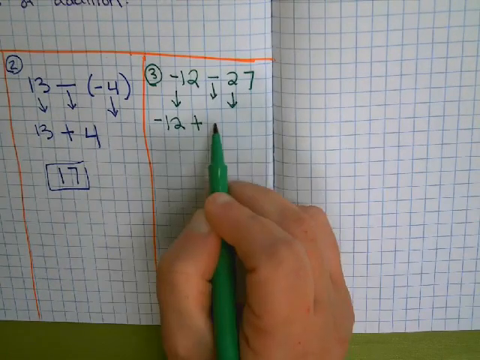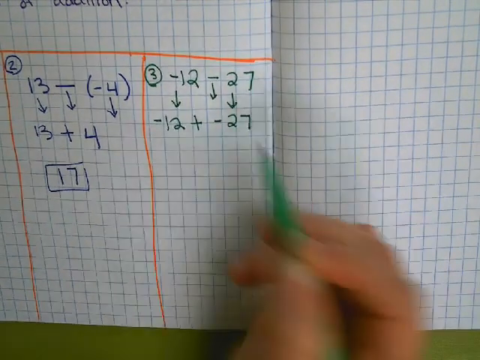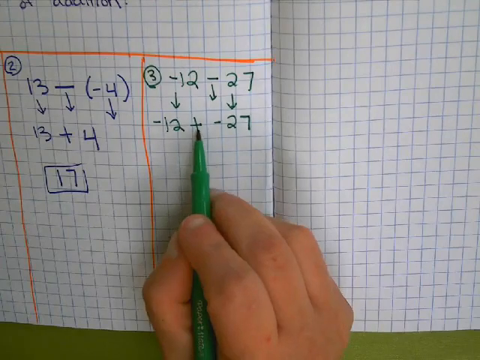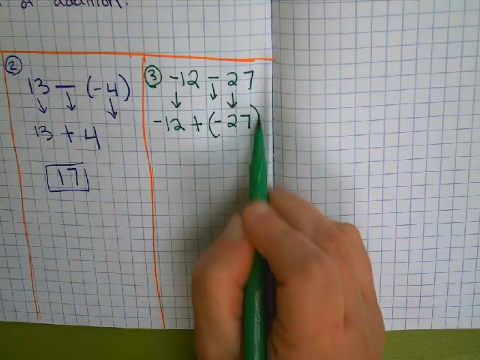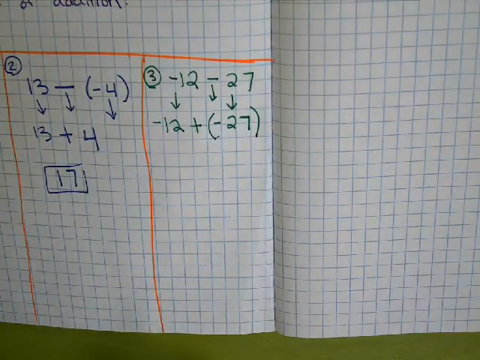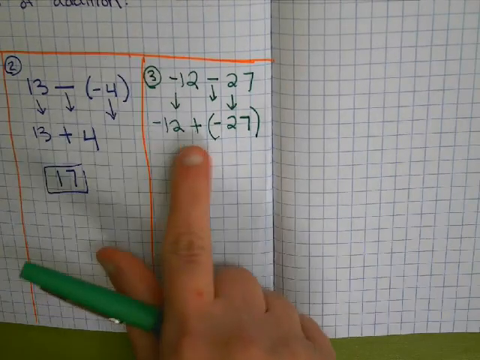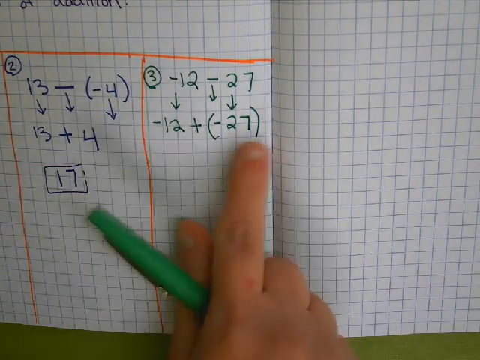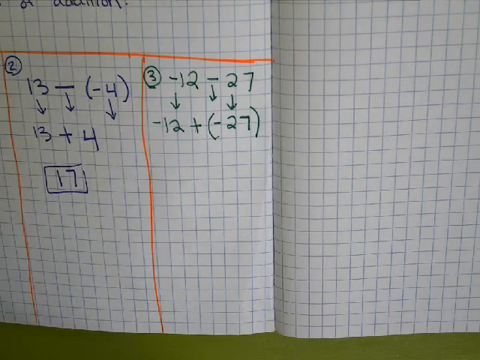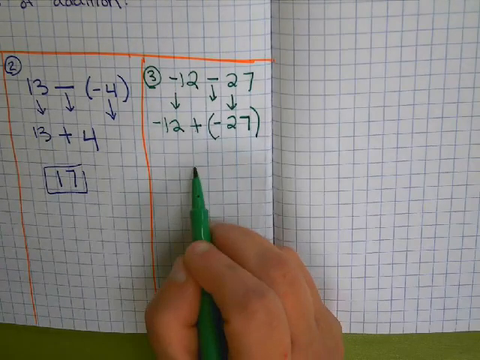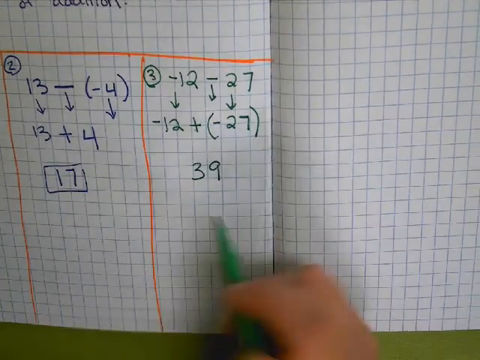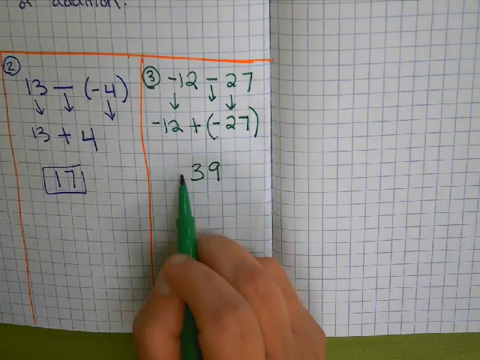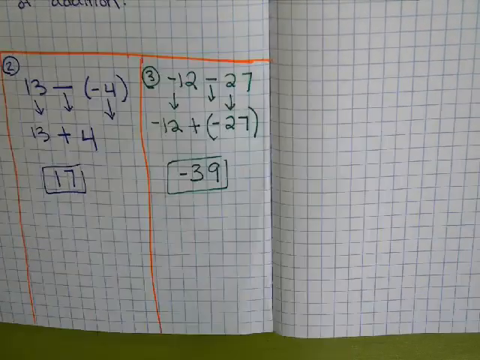And the opposite of 27 is negative 27. Now what you'll often see is we don't like two signs side by side, so we put this other one in parentheses, just so we don't get confused. So negative 12 plus negative 27. My signs are the same. They're both negative. So that means I add to get 39, and then I keep the same sign. So they're both negative, so it's a negative 39.